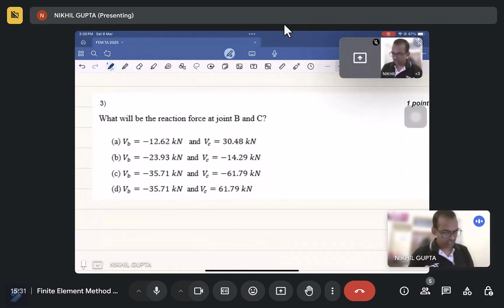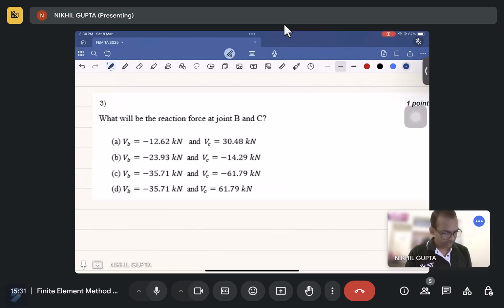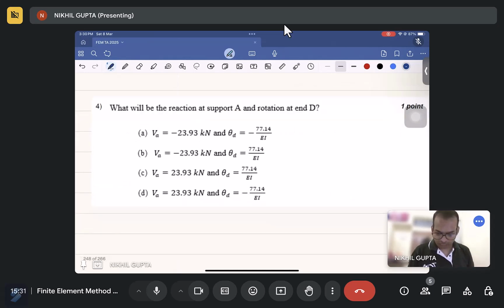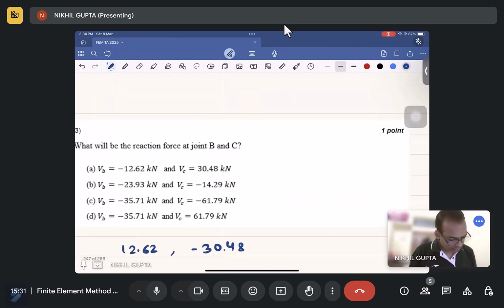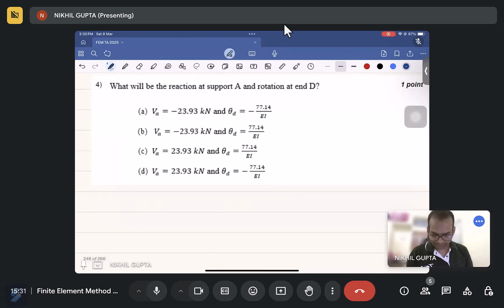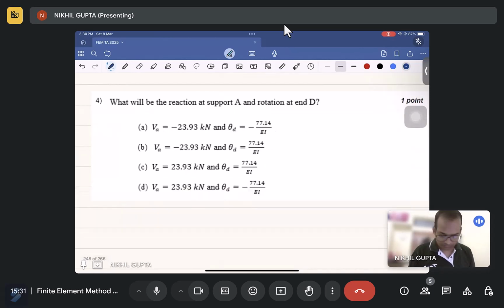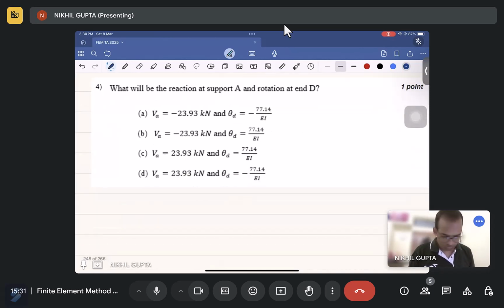So I'll write the answer which I got from the code. It was 12.62 and minus 30.48. I don't know what answer they have given, but the one minus is missing somewhere. And if you see the question number 4 solution, it is 13.92.